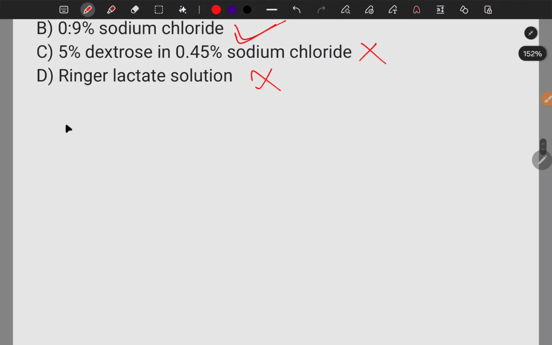Why? Because always use physiological normal saline before starting blood transfusion to prevent hemolysis of blood into the tubing. Never use dextrose solution before, during and after the blood transfusion.